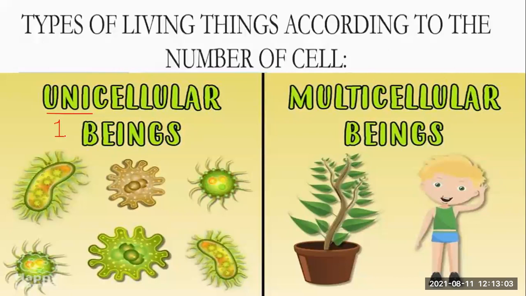If you know the meaning of the word, you will definitely know the definition. Likewise, multi means many. I cannot write well with the mouse pad over here. I wanted to write over here many. So uni means one, multi means many. So multicellular means many cells, unicellular means one cell.